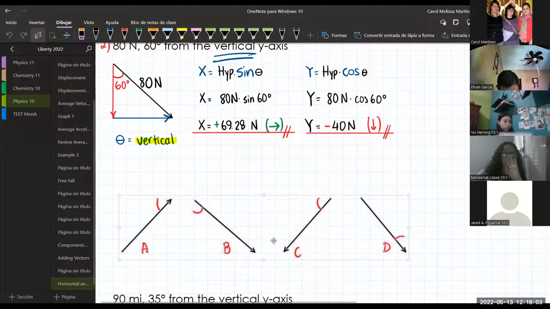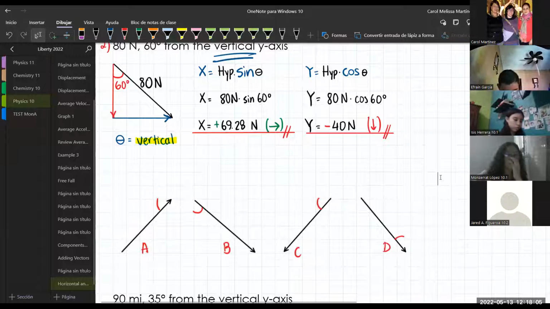Take a look to these vectors over here, and let's analyze the vector A. In the vector A, I have this angle is located here. Okay, so what do I do in the first place? I complete my triangle.